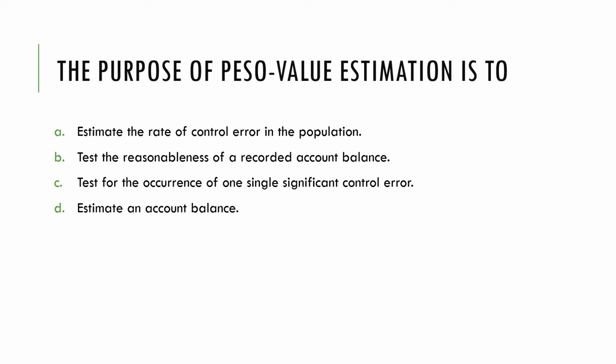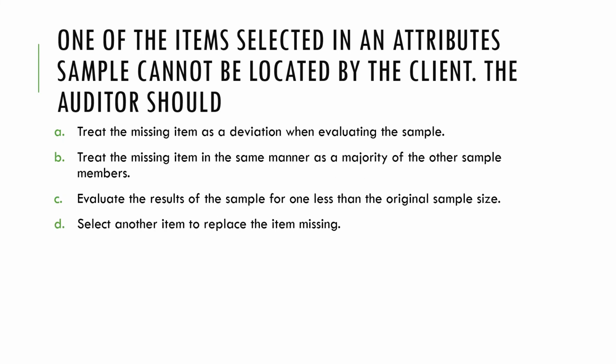So in this case, the answer, of course, is the estimation of an account balance, similar to when we discussed mean per unit projection technique, right? So it allows the auditor to estimate an account balance even in the absence of a book value in the population. So the answer is D. Peso value estimation is similar to mean per unit estimation, by the way.